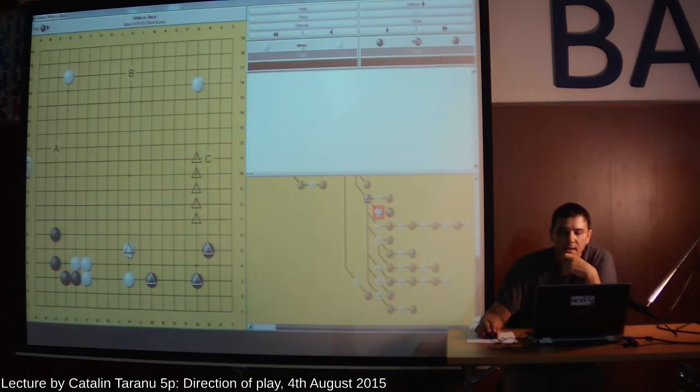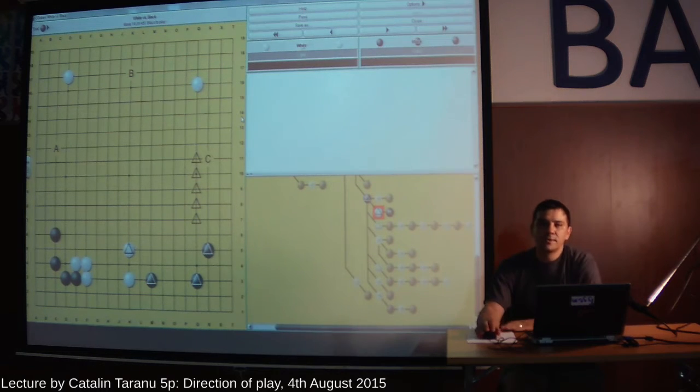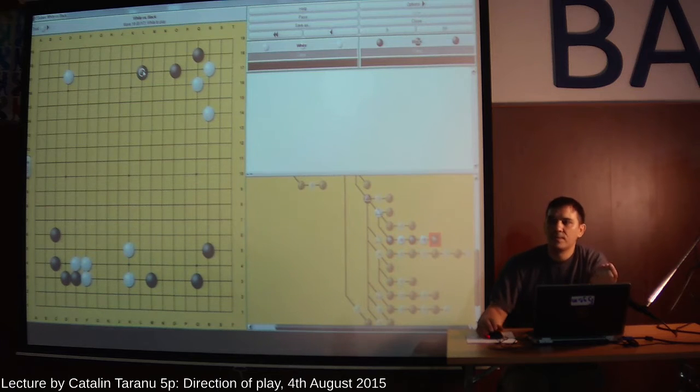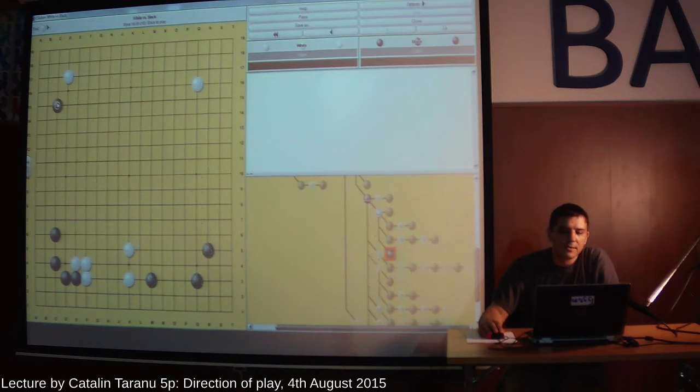White played this, which is slow, and black now has to choose between this kind of variation. Here we can extend in many ways. Of course, with each move, the game can change. The opponent can make a different decision, but I will take the simple variation to just analyze from the direction of play point of view. And then we can have something like this.